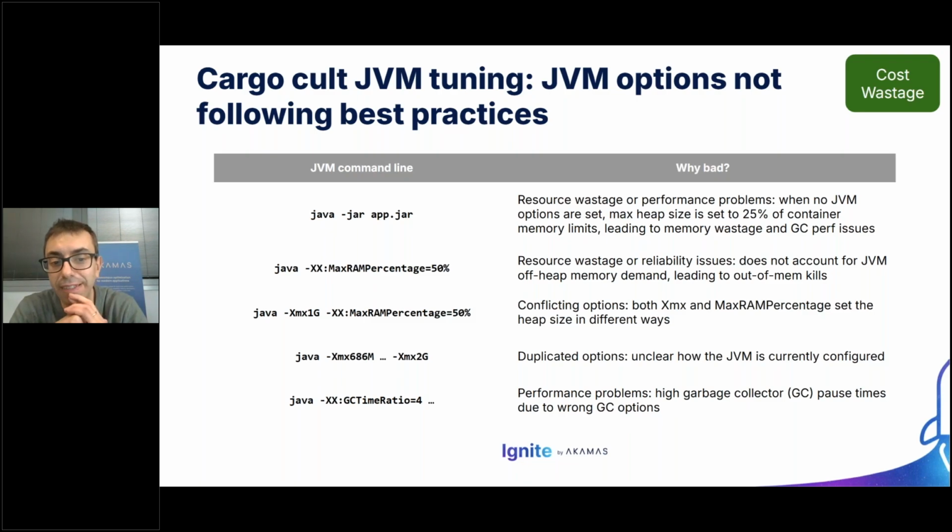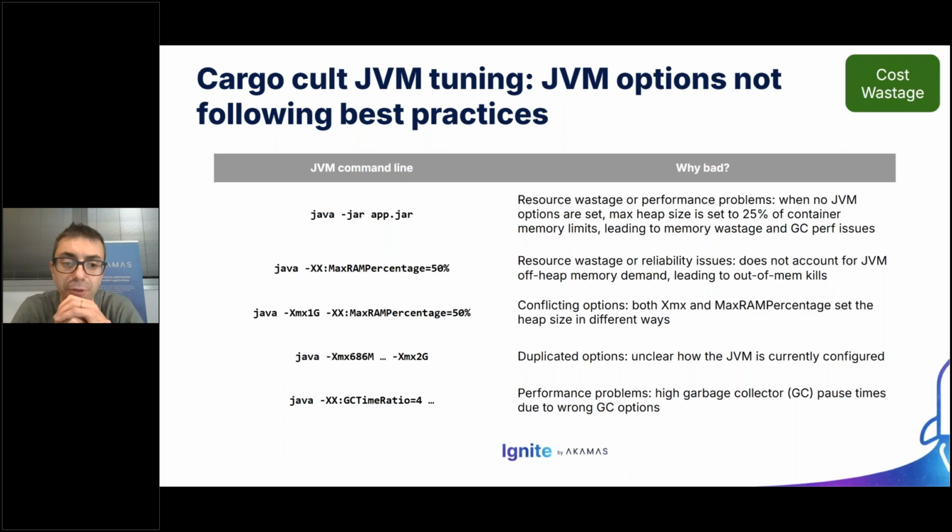As we have seen in the previous slide, that is not a best practice, because either you are wasting memory or wasting CPU cycles, or you are running the risk of performance problems because your heap is too small.